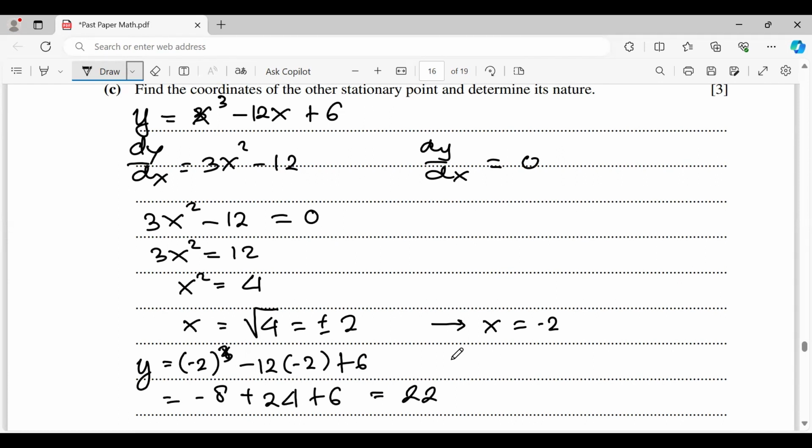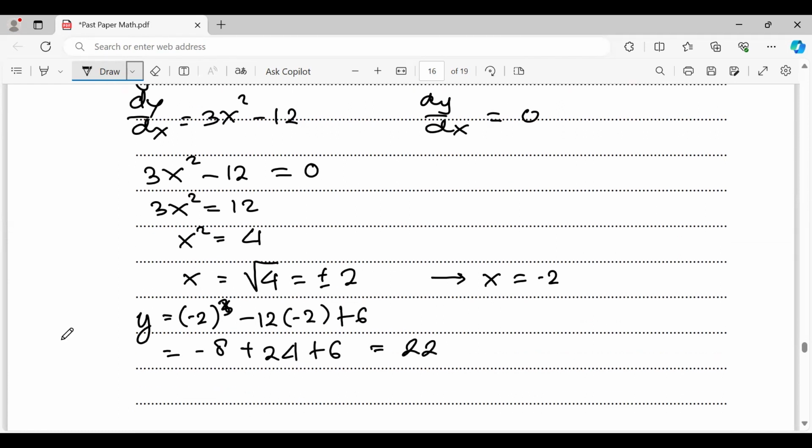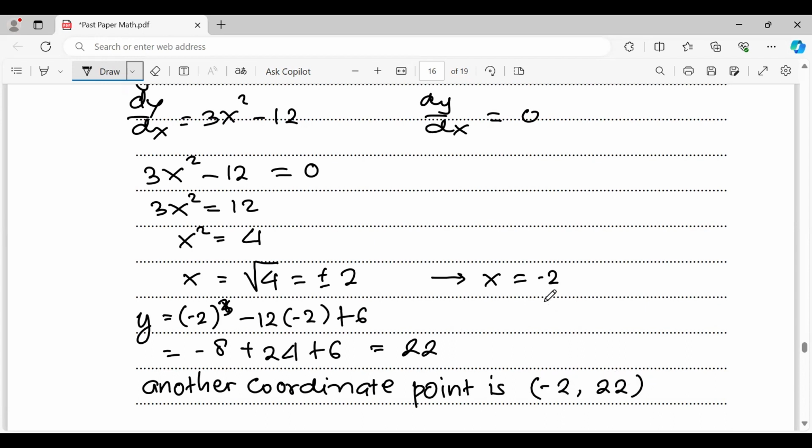So the other coordinate point is (minus 2, 22).